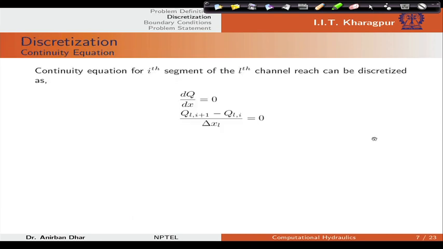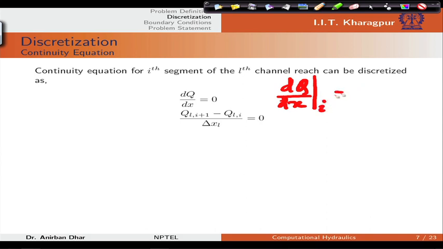Now, for discretization we will consider this continuity equation, and if we consider the ith segment of the lth channel reach, then this is dQ by dx. This dQ by dx we are considering for the ith segment only.